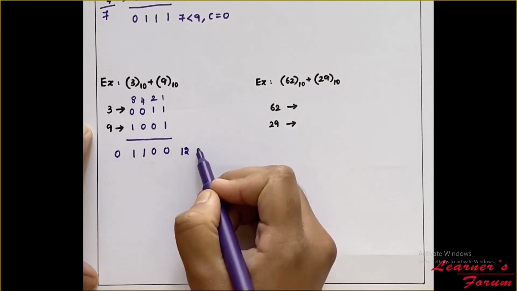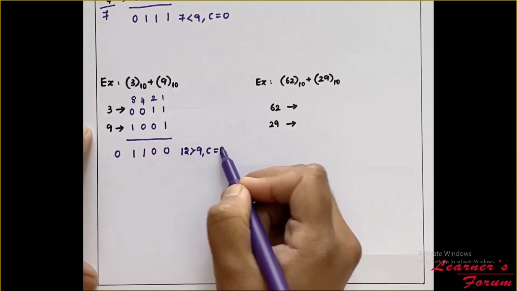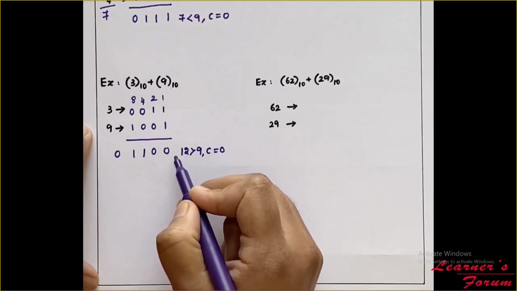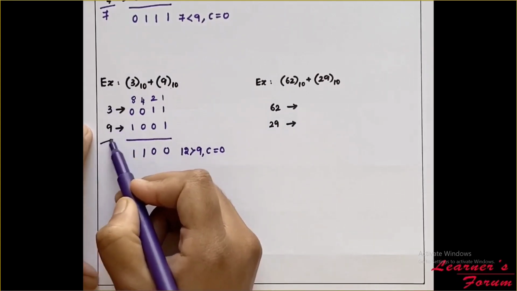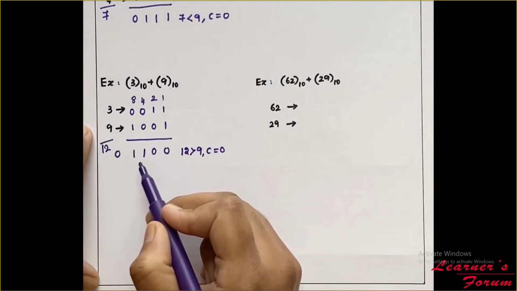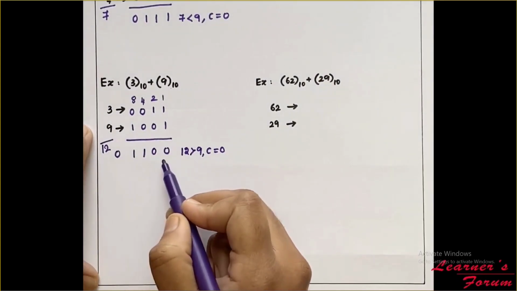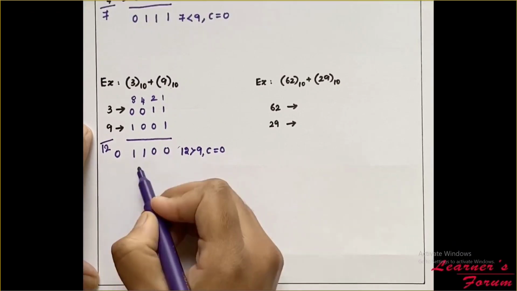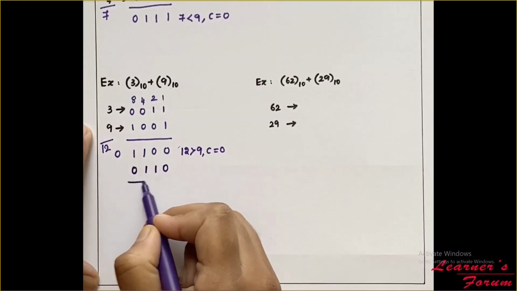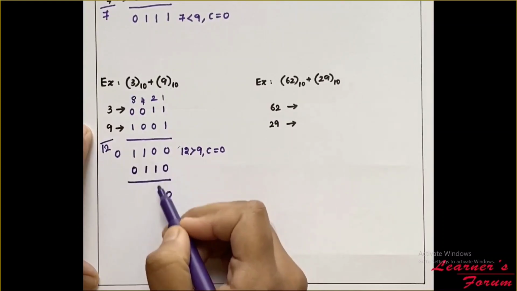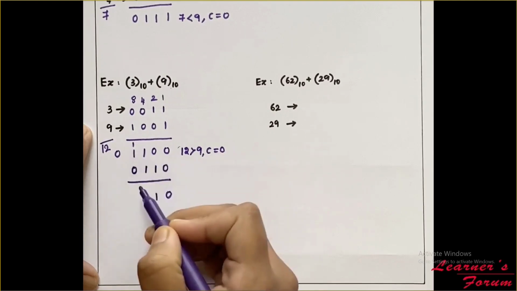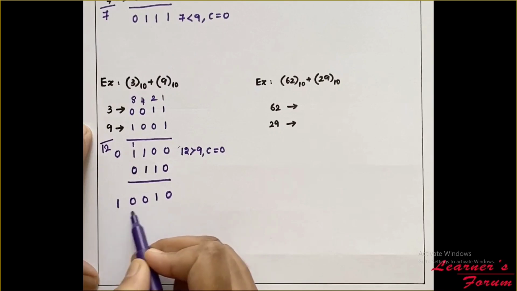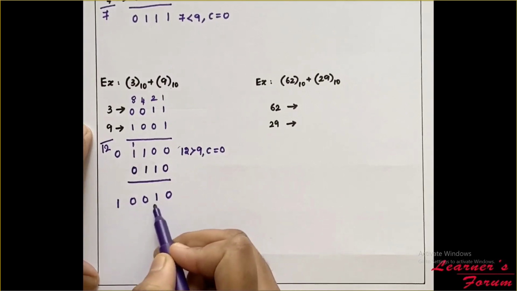So we have got the value 12, which is greater than 9, and carry is 0, which represents the second case. Whenever the value is greater than 9 and the carry is 0, we have to add the value 6 to the last one. The value 12 belongs to the invalid code. That is why we are adding this 6, which is 0110. Adding, we get 0010 with carry 1. Now we have the carry value 1 and the value 0010.